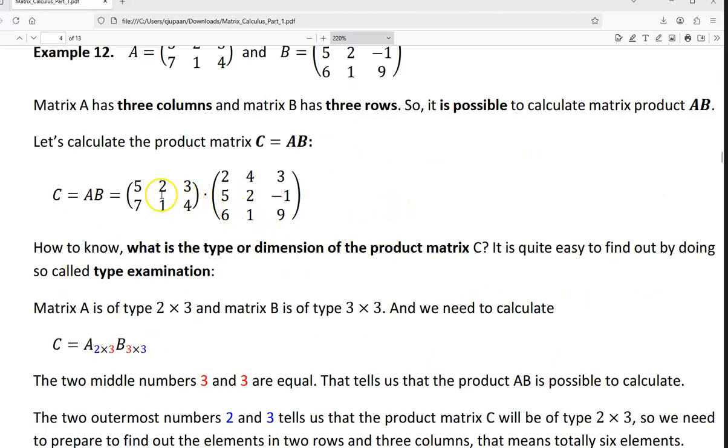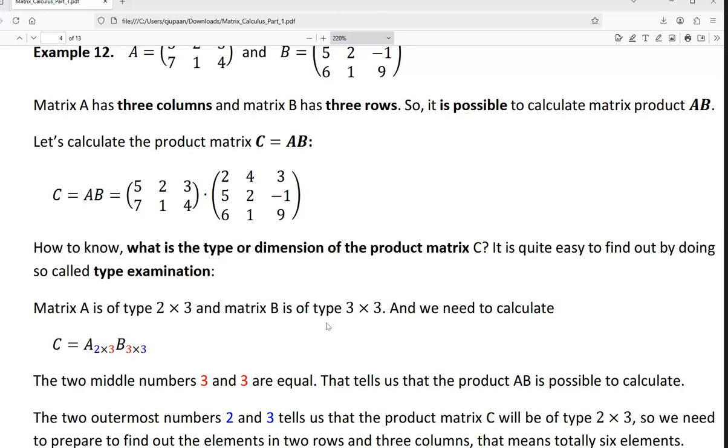When we start to calculate this, in some mathematical programs you actually don't need to know whether the multiplication is possible or not. If you just type that multiplication in the program, it gives you some kind of error message that this is impossible to do.